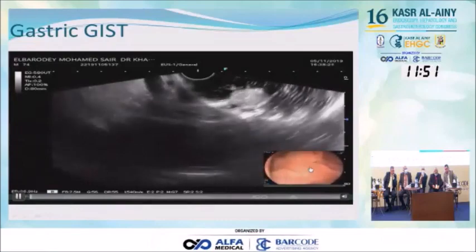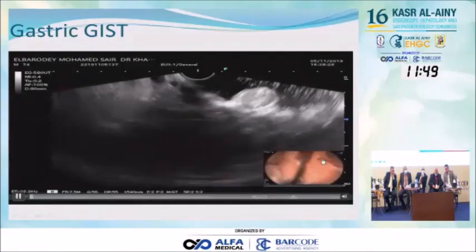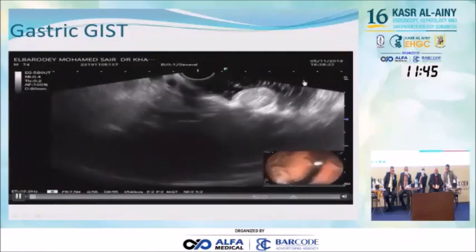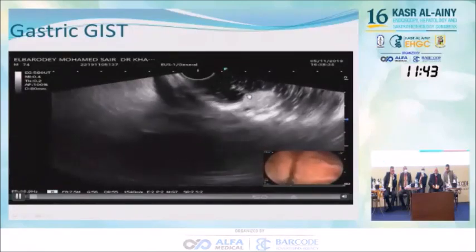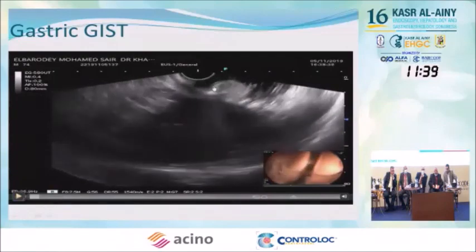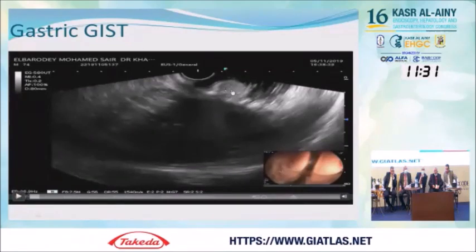To simplify, I will first give you a small example of one of our cases, a submucosal lesion. As you see here in endoscopic imaging, it is a gastric lesion, and after shifting to EUS with underwater immersion, the lesion is hypoechoic, originating from the muscularis propria.